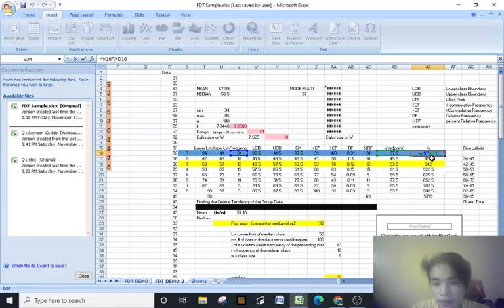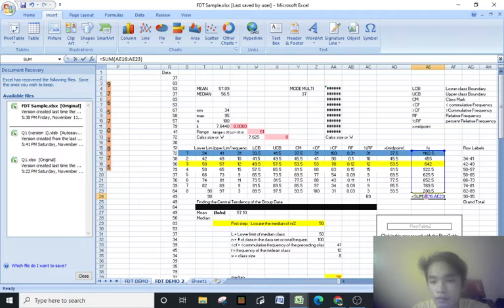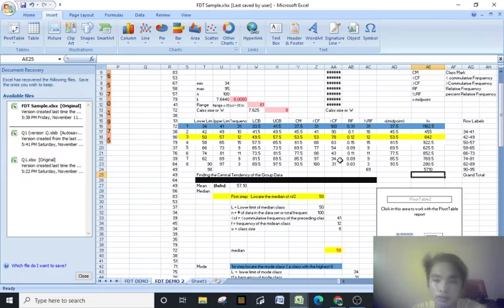In getting the fx, you must multiply the frequency by the x midpoint. The x means the midpoint, so f multiplied by x, frequency multiplied by midpoint. The sum of this is 5,710.